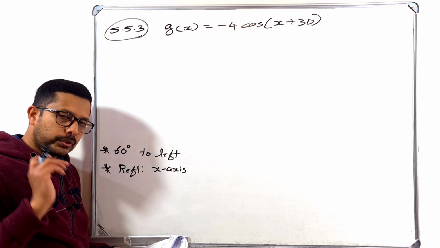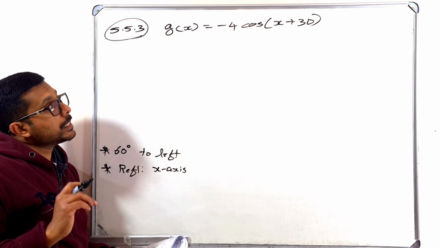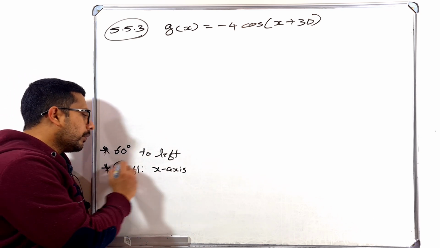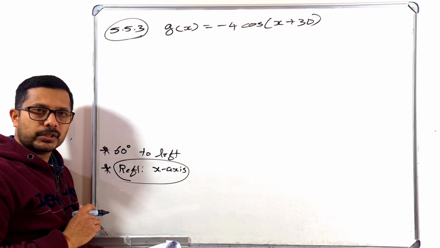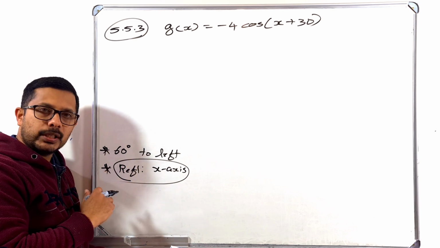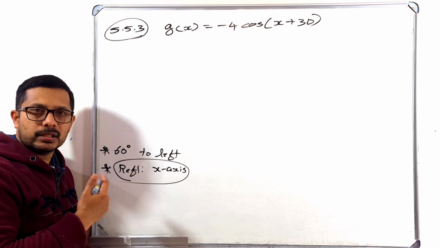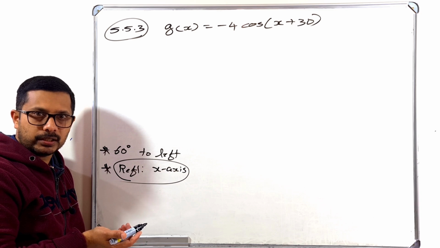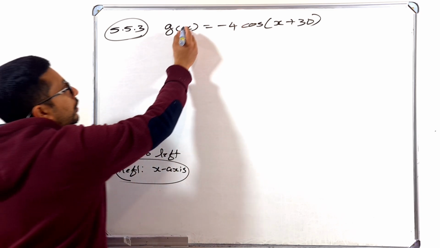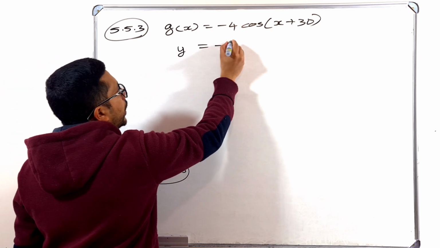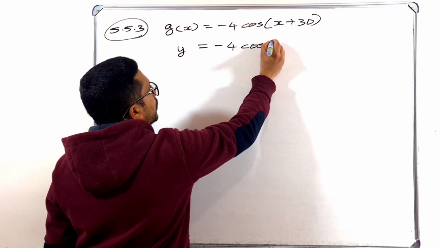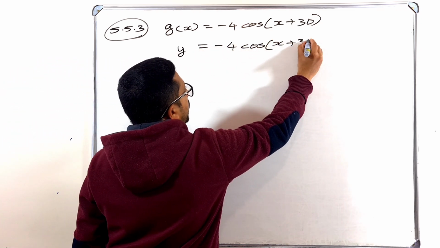Okay, so try to understand like this. If it is reflection based on the x-axis, as you studied in graphs and functions, if a graph is reflected based on the x-axis, you are supposed to change the sign of y. Am I right? Okay, so let me write this. G of x is the same as y. y is equal to -4 cos x plus 30.